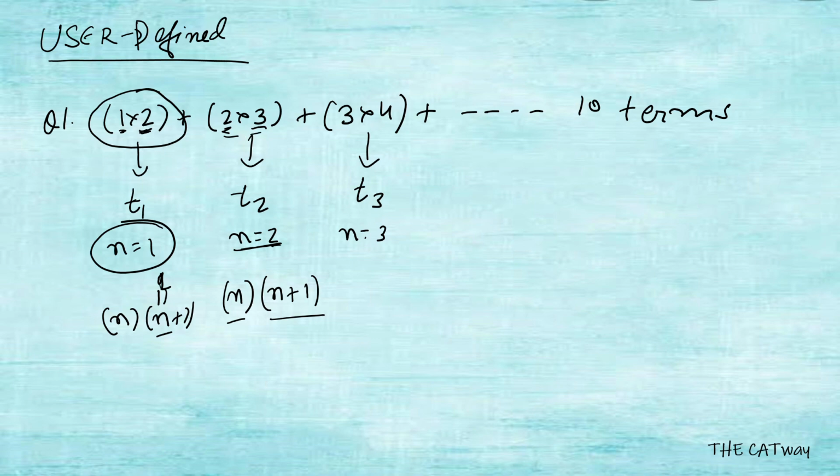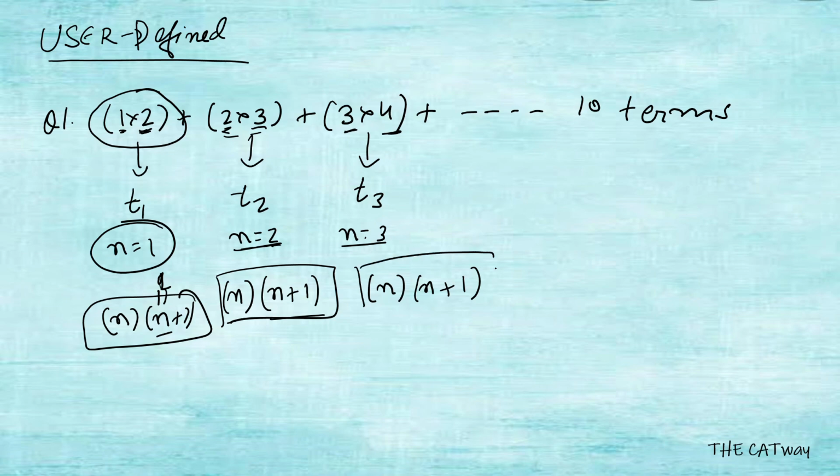Coming to the third one, n is equal to 3, so here it is 3, which is n, and here it is 4, which is n plus 1, that is 3 plus 1. So every term can be written in the form n into n plus 1, where n is that particular number of the term, whether it is the first, second or third term.